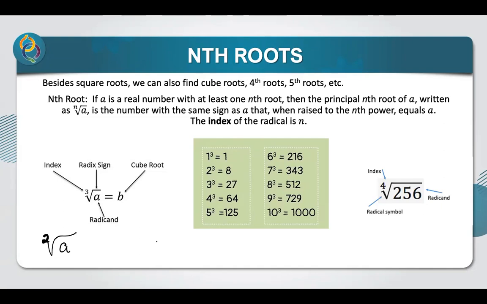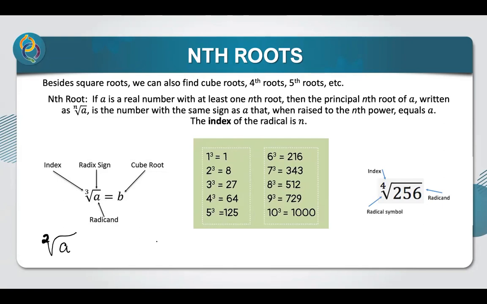The reason is that we're asking what number we multiply by itself 2 times to get the value inside the radical sign. So we don't write the 2, but it is understood, because we're multiplying the root twice to get the radicand.